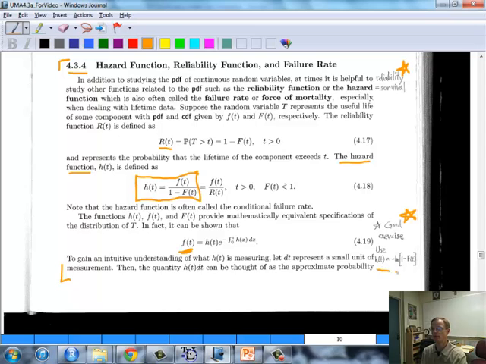You want to make use of this fact here, which is that the hazard function h of t is minus the natural log of the survival function. If you take that and work with it, then you can find this result.